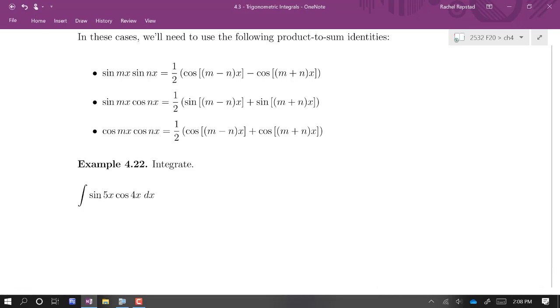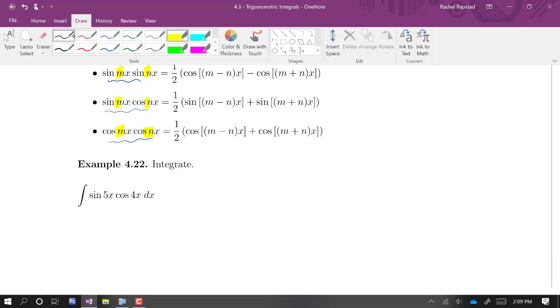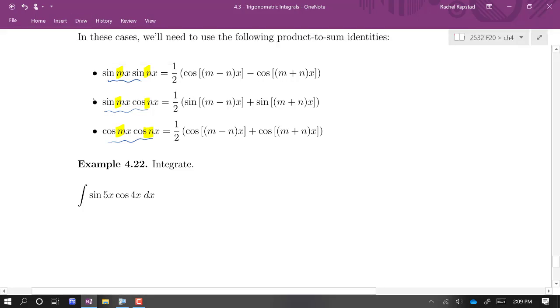So here we have these 3 identities. One if you have sine times sine, one if you have sine times cosine, and one if you have cosine times cosine, right? And again, the arguments are different, right? We have different coefficients on x in here. So this example, we have a sine times cosine with different arguments. So that'll be this middle formula, where m is equal to 5, and n is equal to 4.